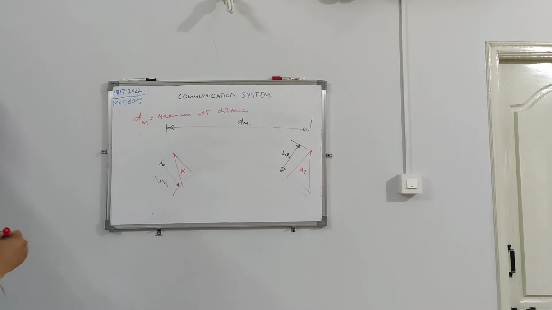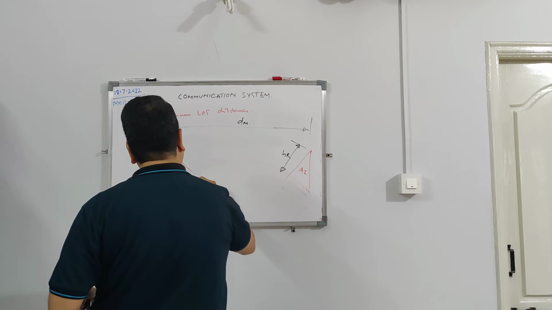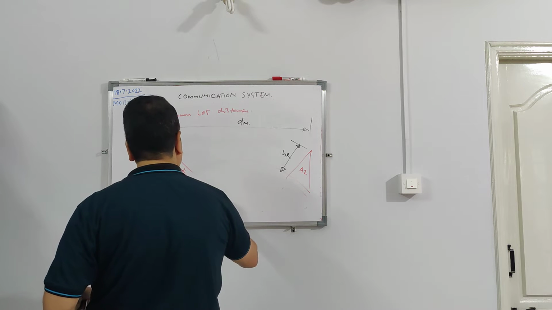There is a very simple formula for this. Let us say the radius of earth is r at this point, and here also the radius of earth is r.